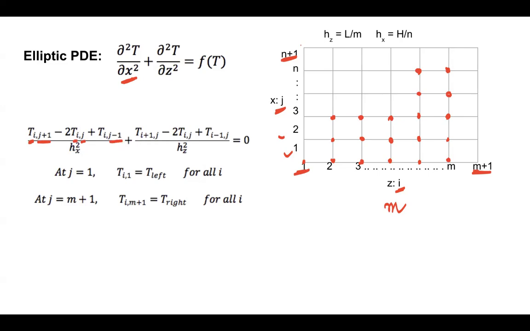And the difference, I'm calling this difference hx, and this difference hz. So that is hx square, and this is with respect to z. I keep this variable j constant. So that is (i+1, j), (i, j), (i-1, j). And this is the difference with respect to z, hz square. So this will be my equation.